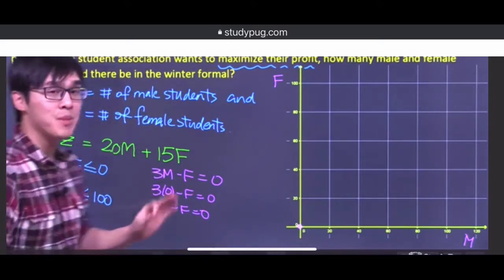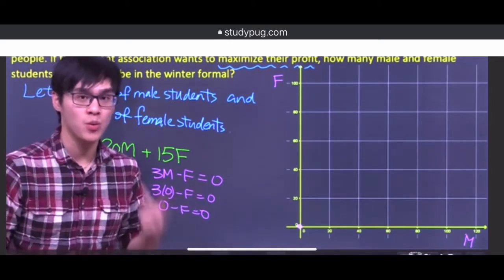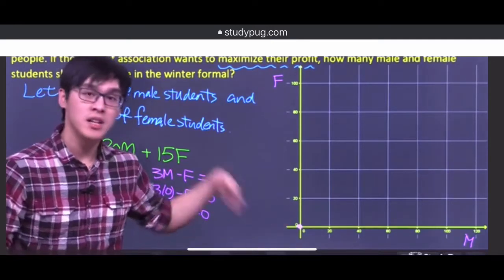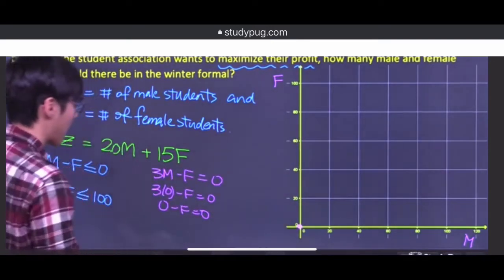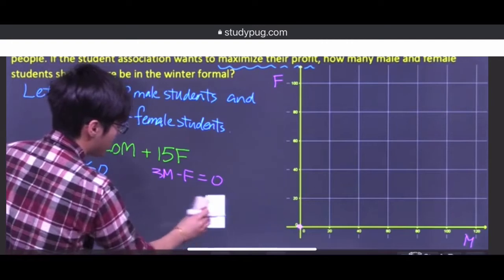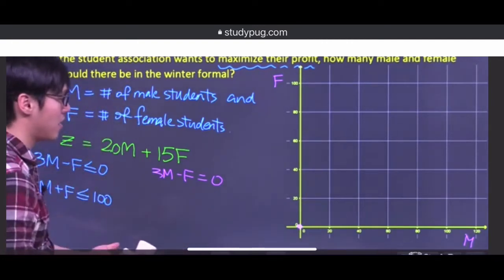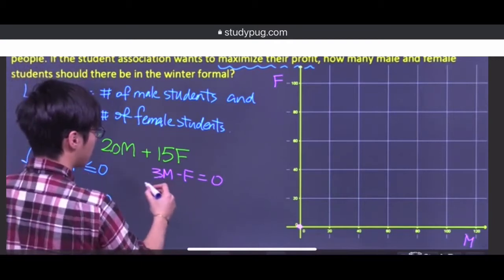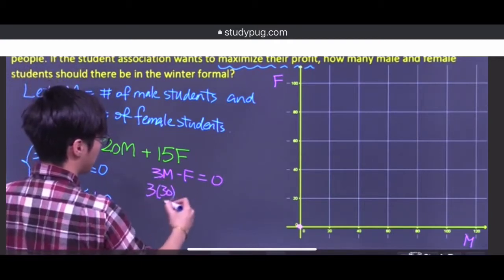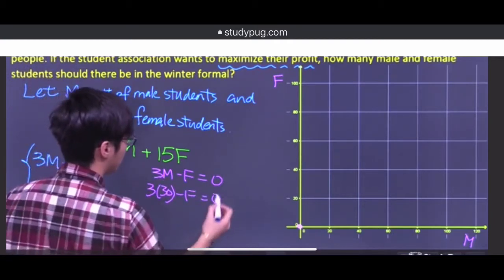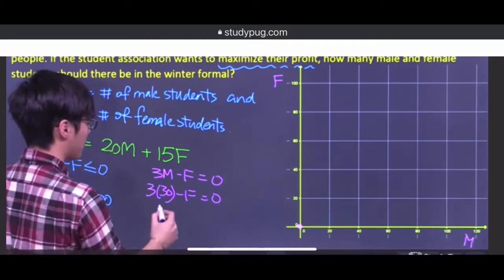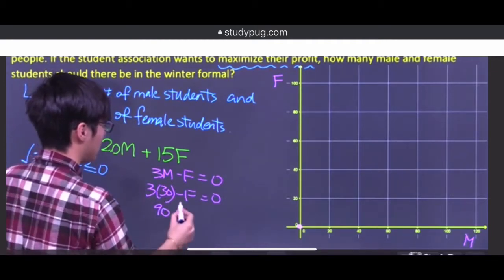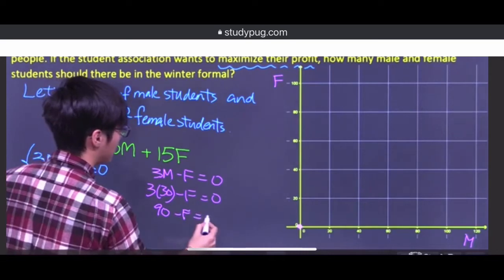Next, how many points do we need to make a straight line? We only need 2, right? We have 1 already. Let's find one more. Okay, so now let's try 30. If m is equal to 30, 3 times 30 minus f equals 0. So 3 times 30 is 90, right? 90 minus f is equal to 0.